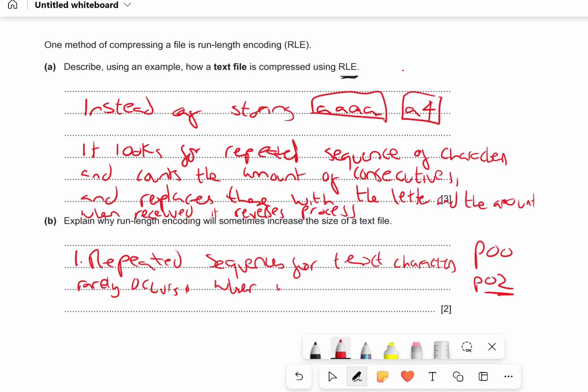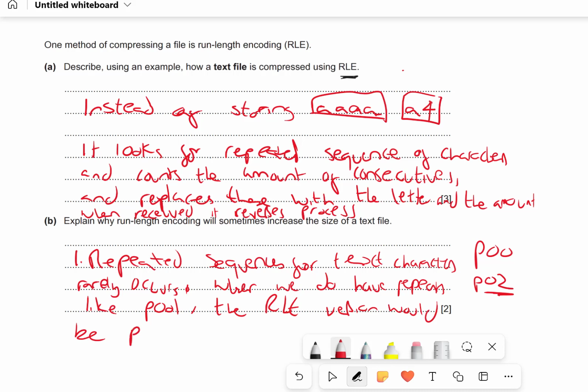When we do have repeats, like pool, the run-length encoding version would be PO2L, which is the same amount of characters.